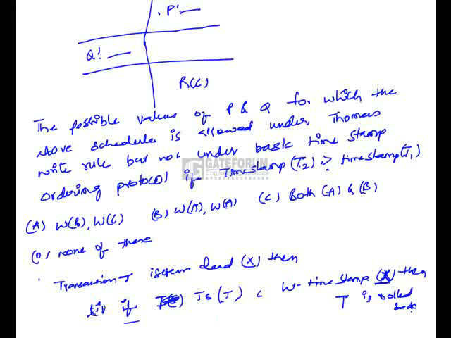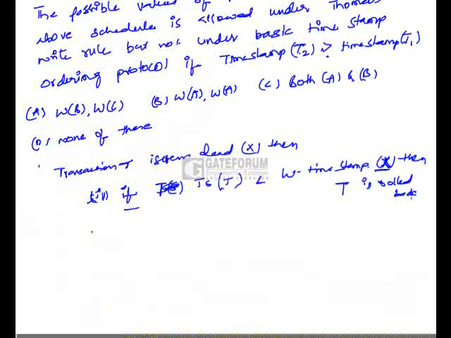That means transaction T is trying to read the wrong value. So here transaction T is rolled back. And the second case is, if this is not the case, then the read operation is executed successfully.